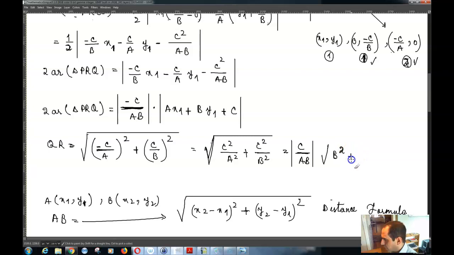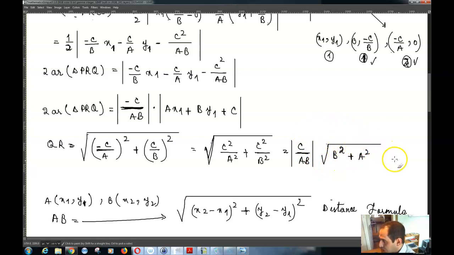And then over here, I've taken c out, so basically c squared goes out, becomes c, b squared goes out, becomes b. And since I've taken an a out and it's not present here, I have to add it over here, a squared. So as you can see, the distance QR is then equal to the absolute value of c divided by ab times the square root of a squared plus b squared.